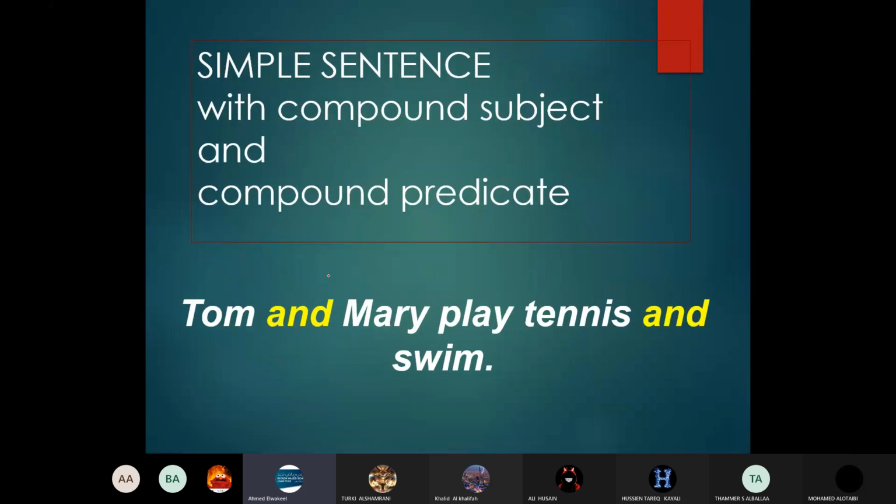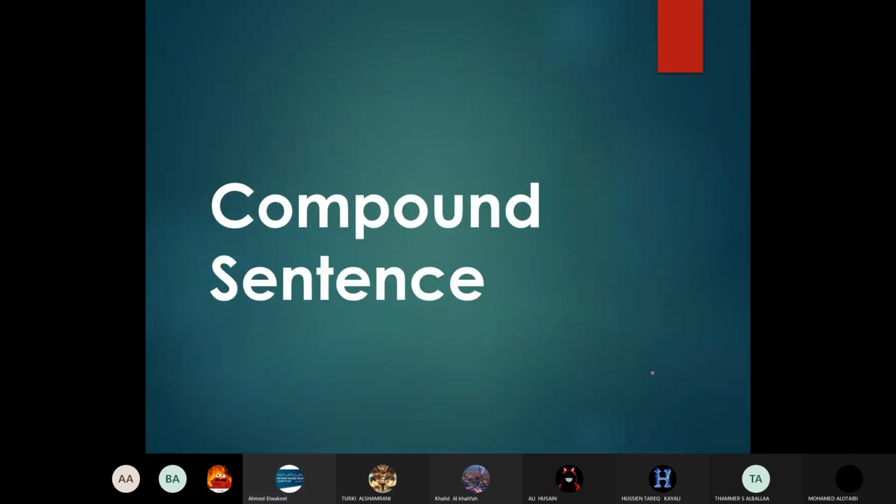Here we have Tom and Mary. What do they do? They play and swim. So I have a compound subject and a compound predicate or compound verb. Yet the sentence itself still expresses one main idea, one main thought. Consequently, it's a simple sentence.